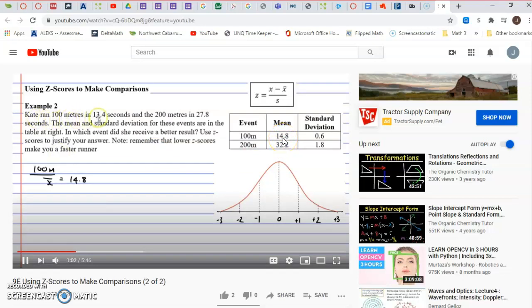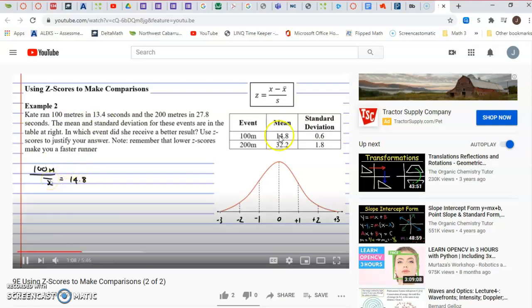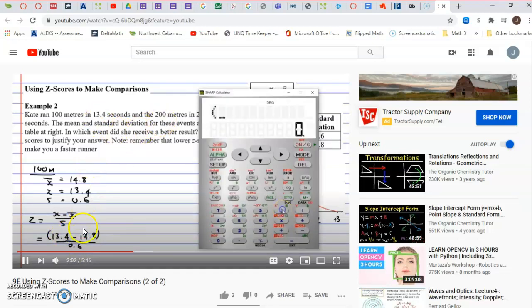Okay, so the mean right here is 14.8. So she was faster. He's taking too long for me. Standard deviation. Okay, so now he's putting in his x as 13.4, which is what they gave you right here.